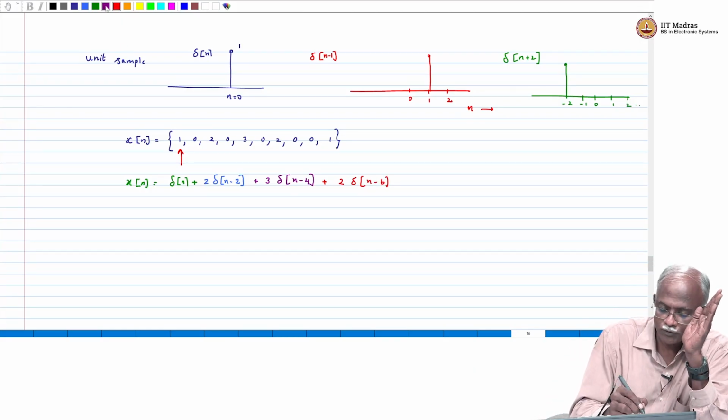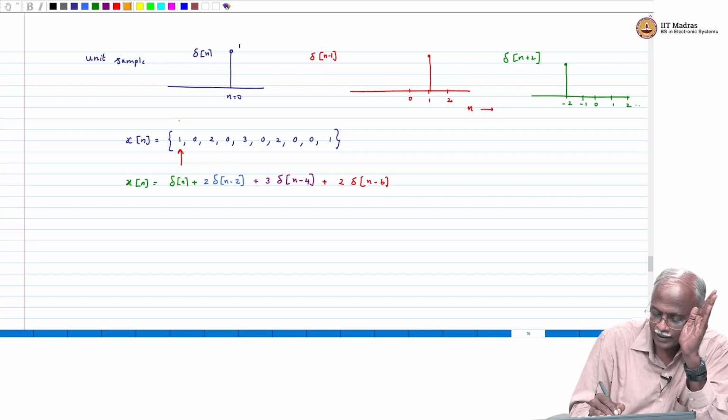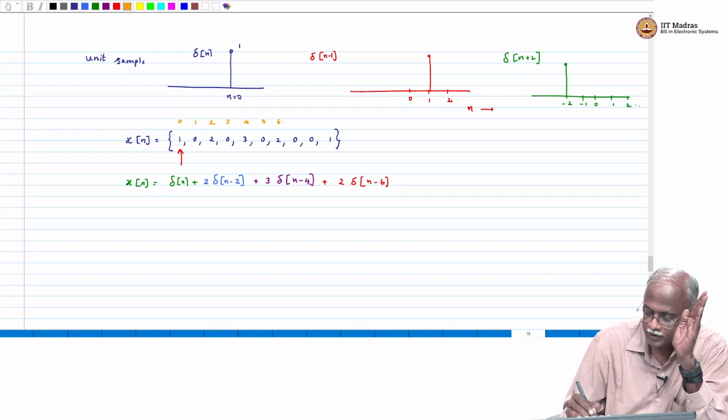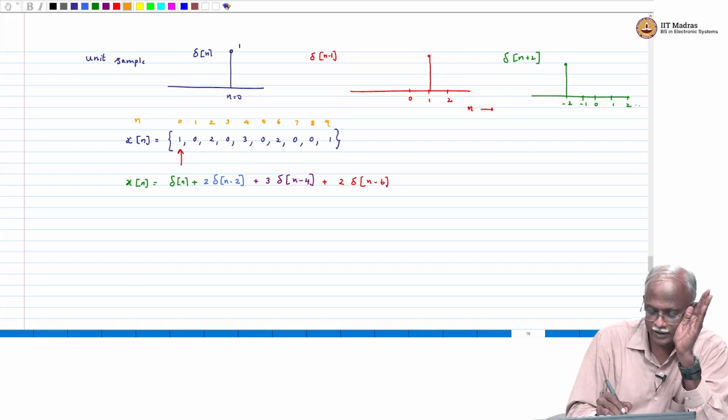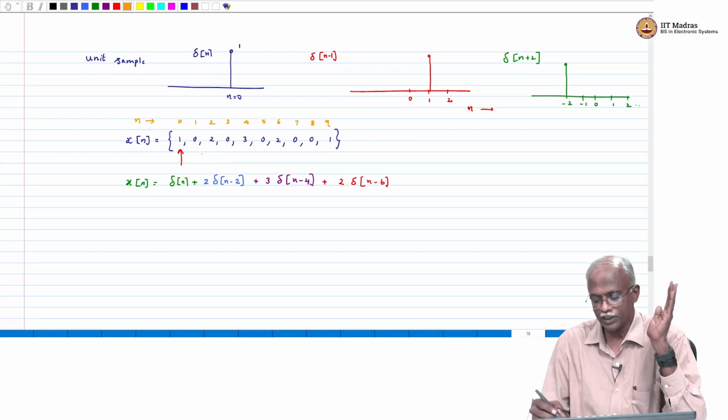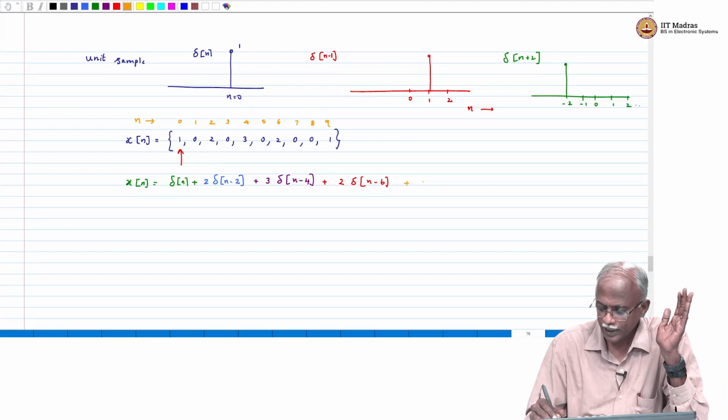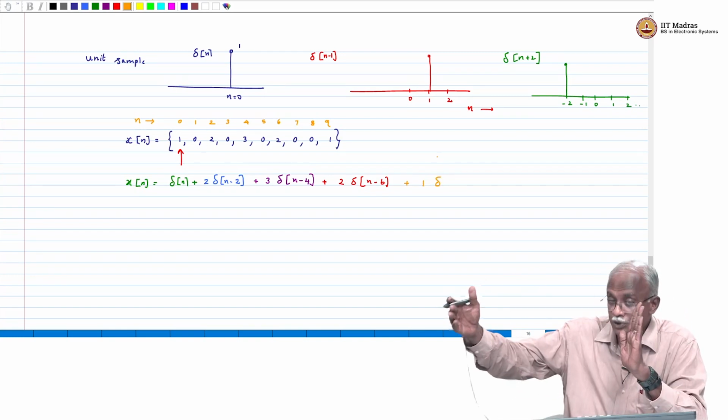Where am I getting all these from? Just go ahead and write the index. This is 0, 1, 2, 3, 4, 5, 6, 7, 8, 9. So basically this is the n index, and you can see which are the non-zero values. And then finally you get a sample of value 1. It's at position n equal to 9.